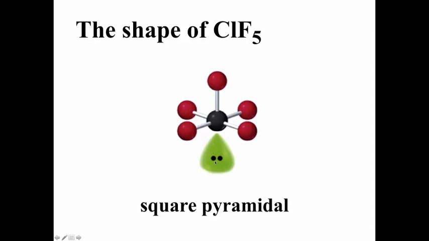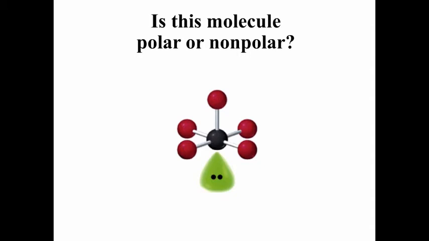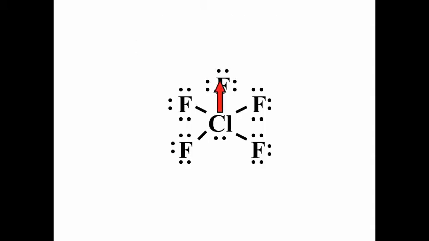And that shape looks like this. It's called square pyramidal. It's essentially an octahedral. If we had an atom here, then we would have an octahedral shape. But since one of the electron groups is not bonded to anything, hopefully you can see the square base of a pyramid.